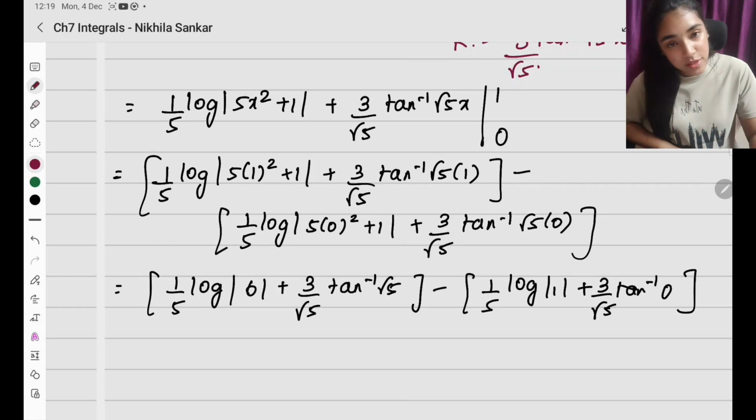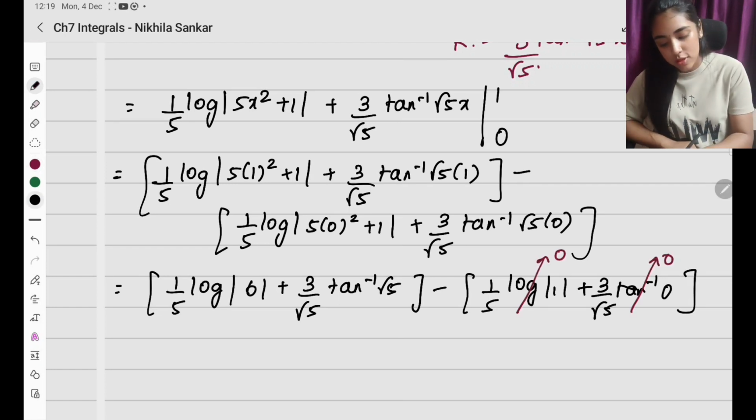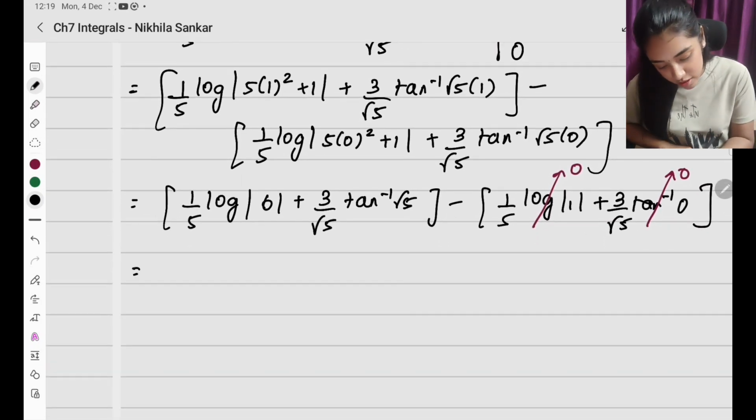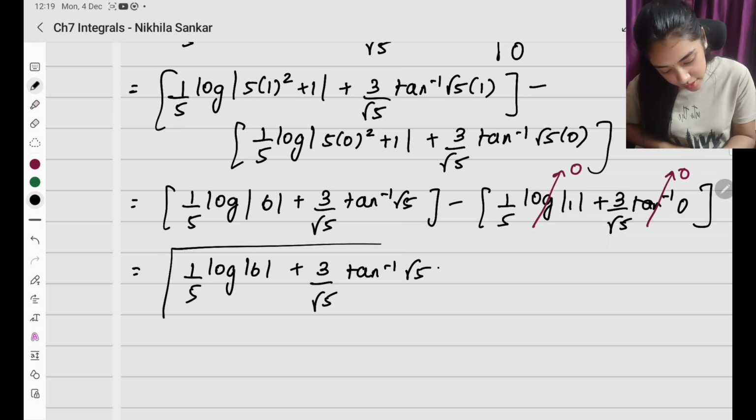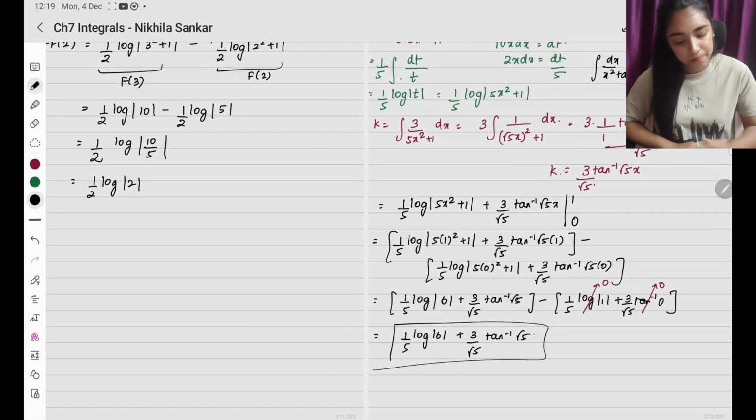So what is tan inverse of 0? It is going to be 0. We saw it in the previous question. Log 1 is also 0. So I only have my first term now. So this is going to be 1 by 5 log mod 6 plus 3 by root 5 tan inverse of square root of 5. So this is my final answer. Okay? Please copy.